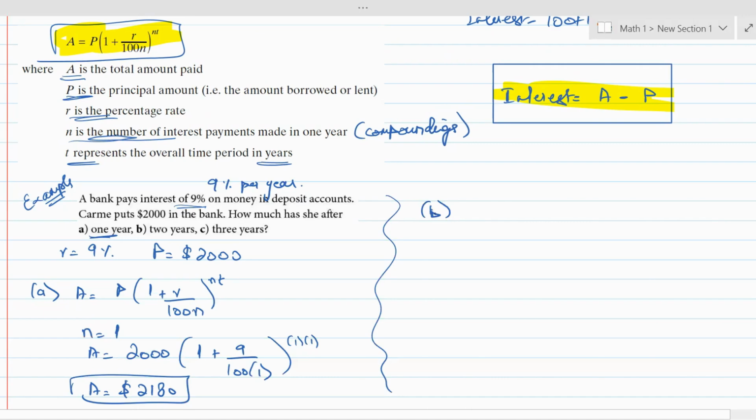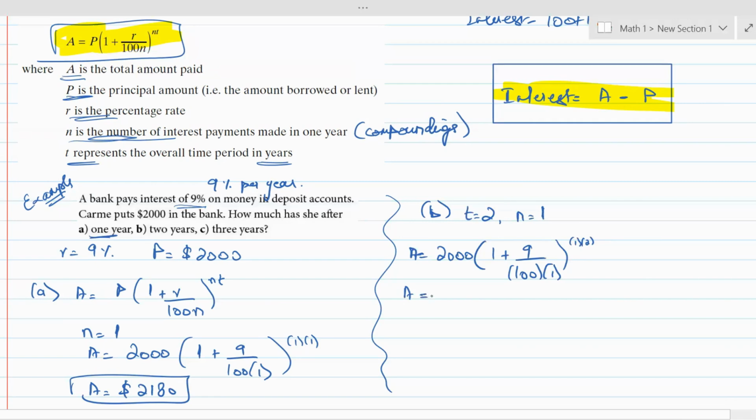Moving on, let's solve part B. Part B is about 2 years. So the only difference here is t equals 2, and n still remains 1 because the number of compoundings in a year is 1. The formula to be used is A equals P, the principal, which is 2000, into 1 plus R, the rate, 9 upon 100 into 1, whole power 1 into 2.